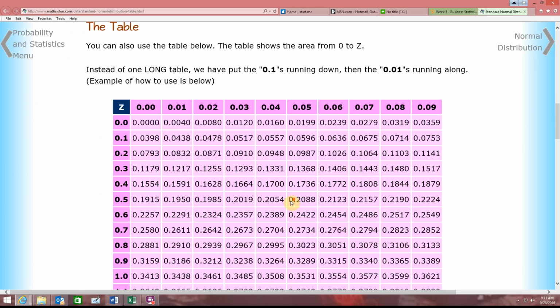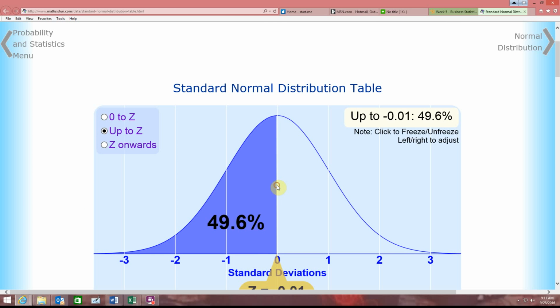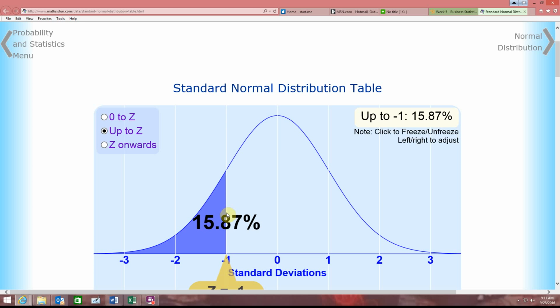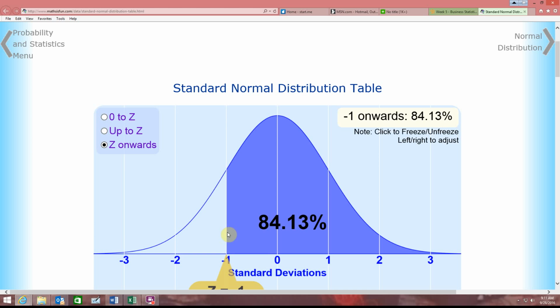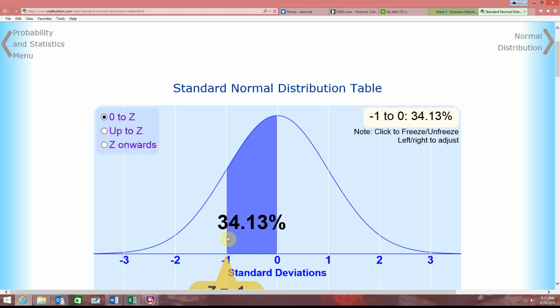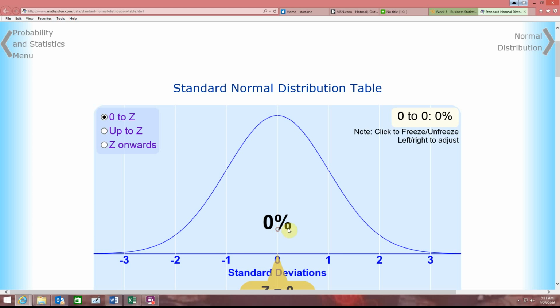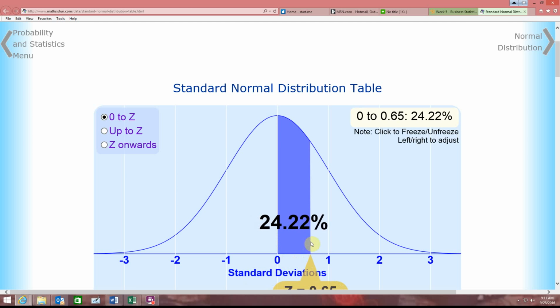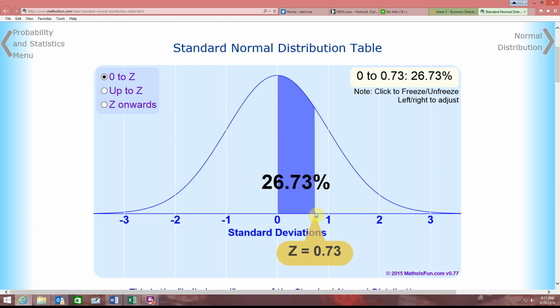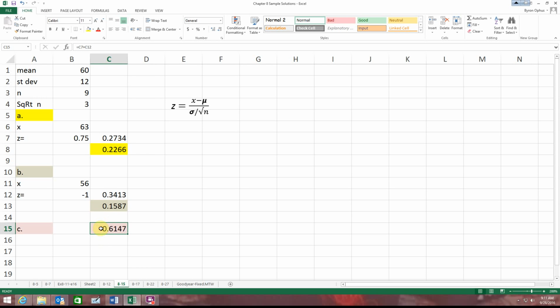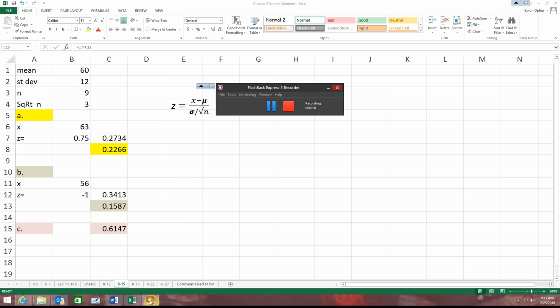If we take a look at it here, we're looking at this particular area plus the 0.75 area, plus this area. We had that 0.34 whatever, plus this, and if you add those together you end up with 0.6147. There you have it for 8-15.